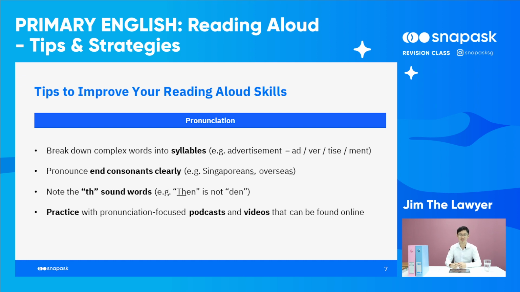This might be the first time you see such a word, but always note that you can break down such complex words into smaller syllables, namely advertisement. This would make it easier for you to communicate with the examiner, even if you don't know how to read it.